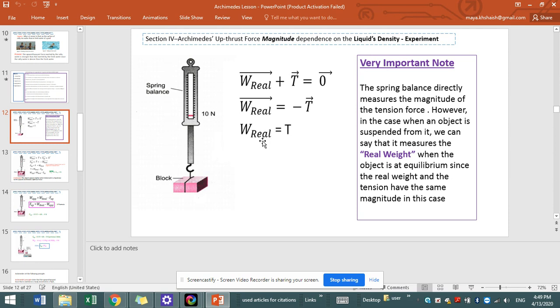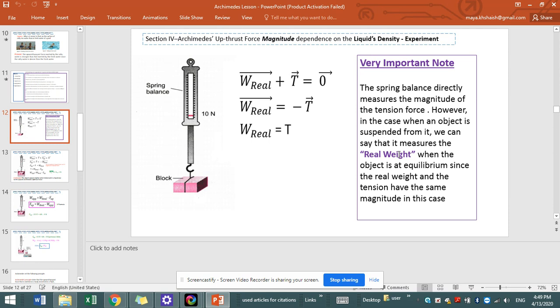Why am I calling it real weight? Since the block in this case is placed in the air. Here there is a very important note. The spring balance directly measures the magnitude of the tension force in all cases. So the spring balance actually measures the tension force. However, in the case when an object is suspended from it, just like this case, we can say that it measures the real weight.